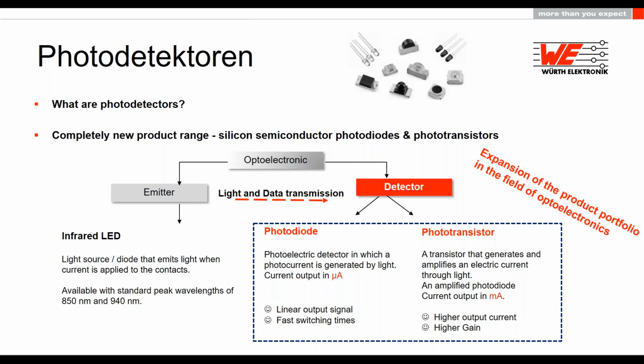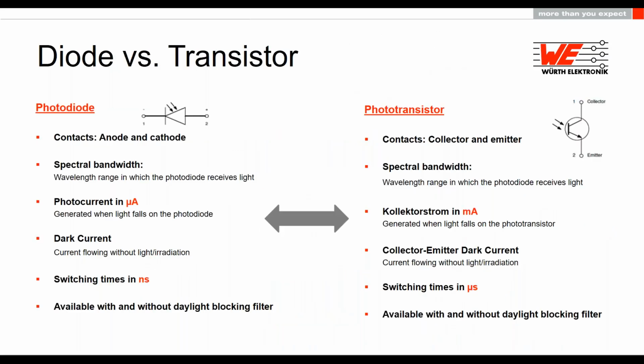We can have a detector in the form of a photodiode or a phototransistor. There is a main difference between a photodiode and a phototransistor. I guess each one of you knows what a diode is. So a photodiode is the same as a diode, having an anode and a cathode, and it generates current by light falling on it.